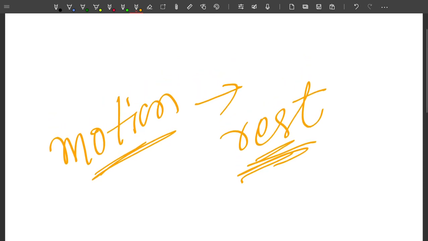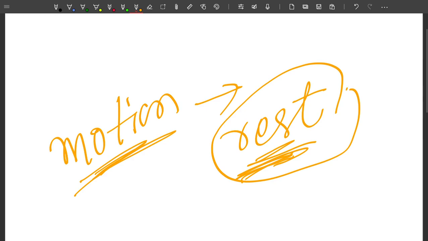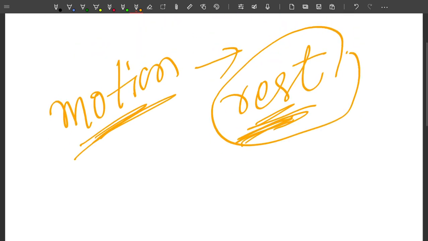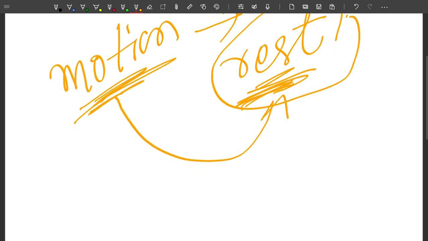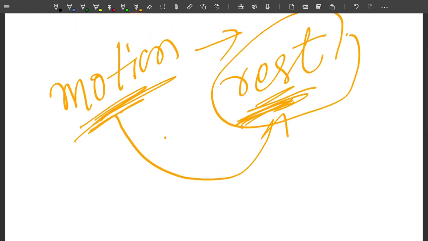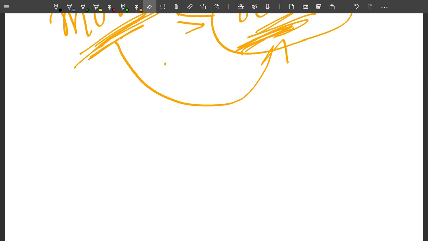If something is in motion, ultimately it will come to rest, because there is a force called frictional force which acts against the direction of the motion, and the object comes to rest. So if I talk about motion, we should always talk about rest, because these two words are very interrelated. Why? Let me explain.